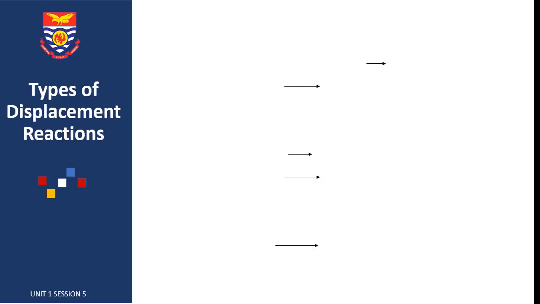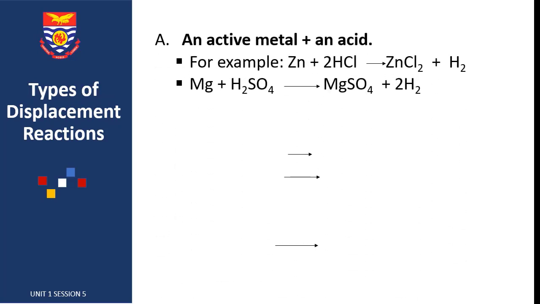Let's look at the types of displacement reactions. One is an active metal reacting with an acid. This is a displacement reaction. An example is what we have there. Zinc metal reacting with hydrochloric acid, which is the acid, to give us zinc chloride, which is salt, and hydrogen molecules, the gas.